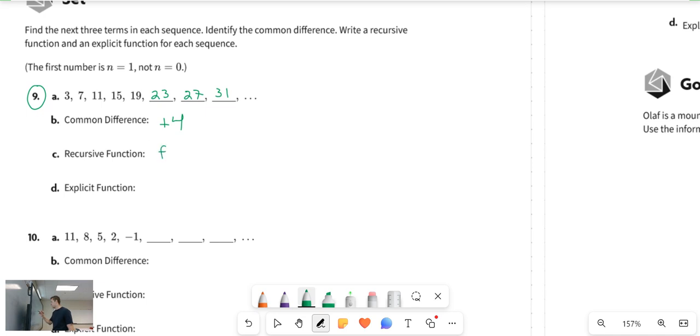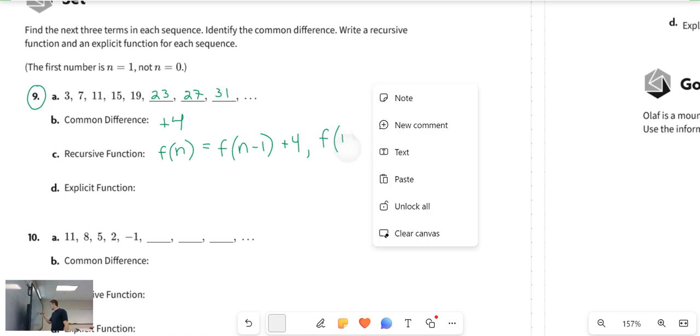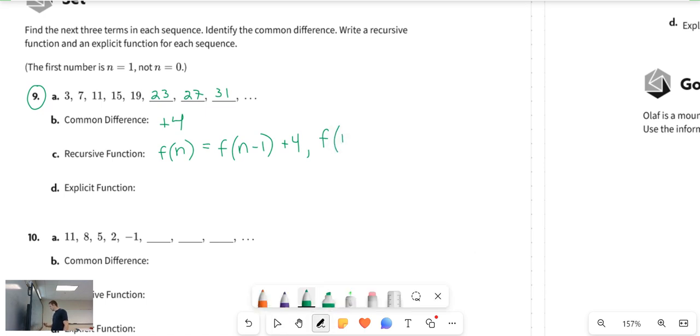So f of n equals f of n minus 1, so the current equals the previous plus 4. And then we also have to say, what is our starting point? We know that f of 1 equals 3. So when n equals 1, we have 3 to start out.